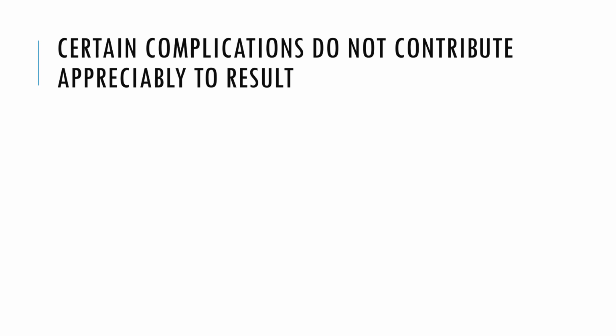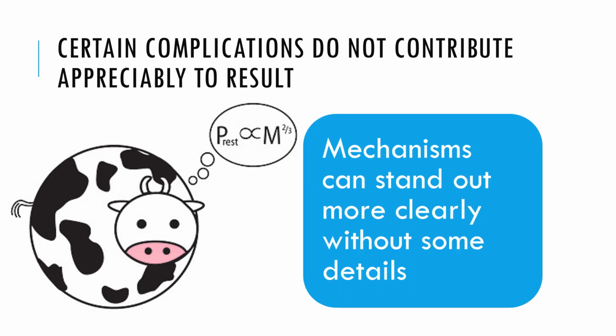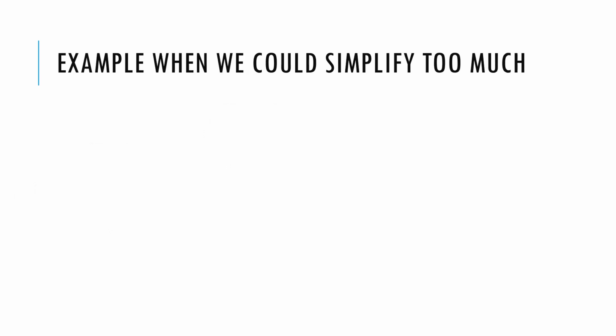There's an interesting statement in modeling called "consider a spherical cow." A cow looks nothing like a sphere, but can I get some essential understanding about some aspect of it, even if we consider it as a sphere? Such approximations are possible. In fact, some critical mechanisms can stand out more clearly without some of the details.